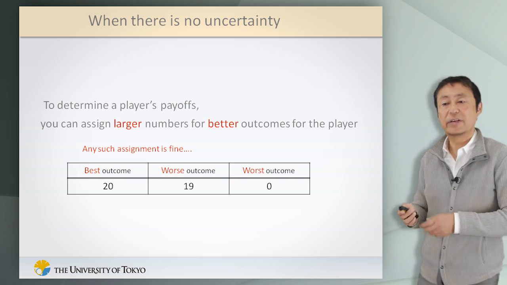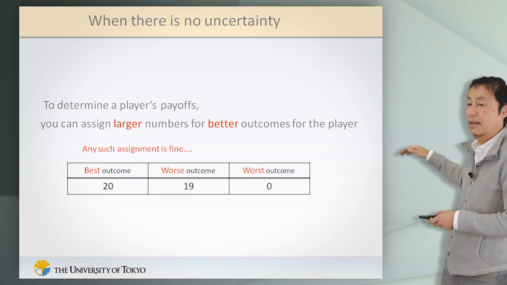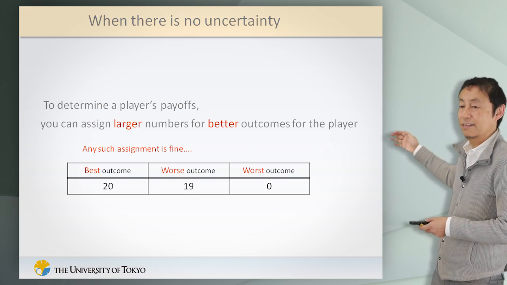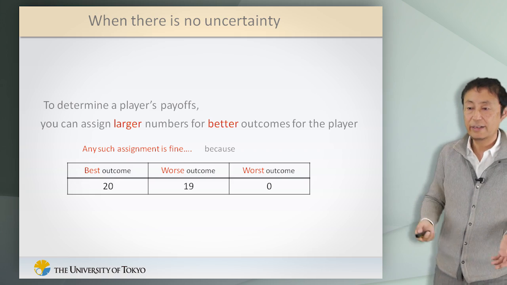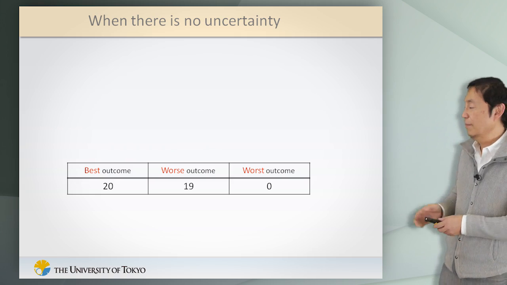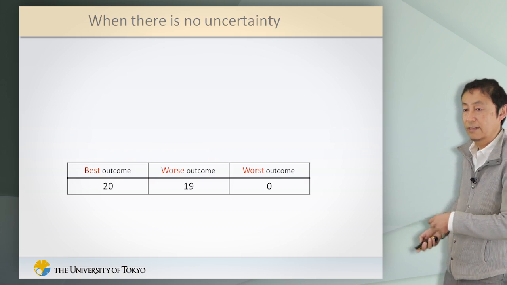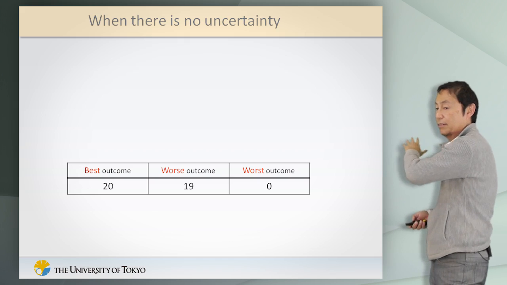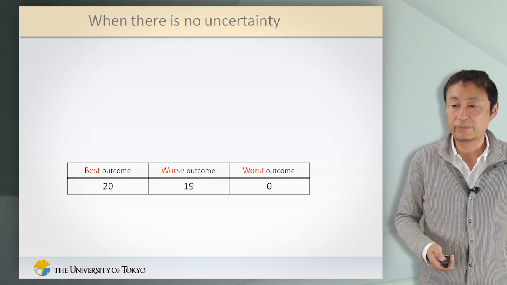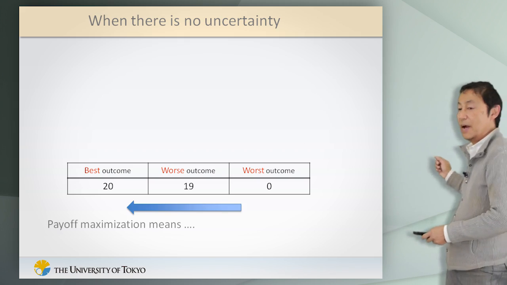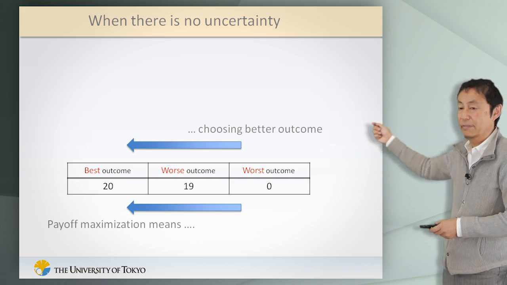Let me explain why. Any assignment of numbers is fine as long as you assign larger numbers for better outcomes. No matter which representation you choose, let's suppose 20, 19, and 0, that is one way to assign larger numbers for better outcomes. Maximizing your payoff means choosing better behavior.